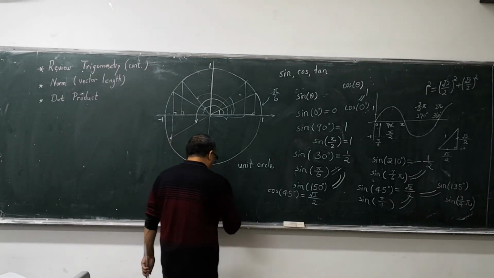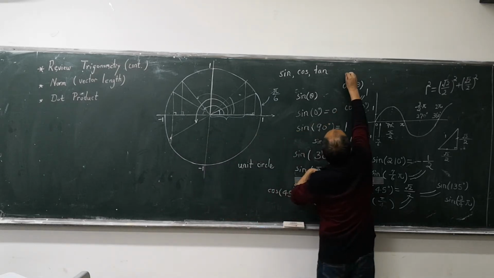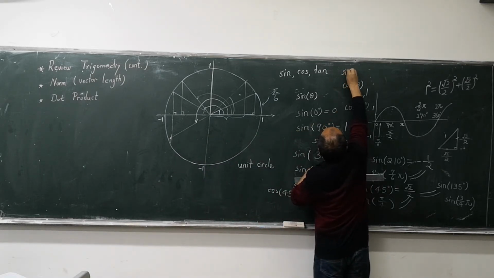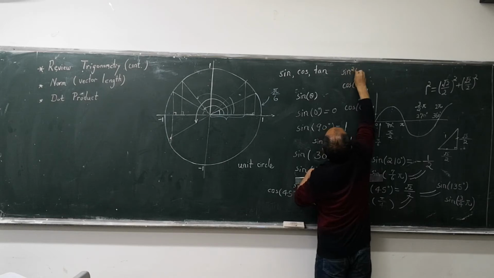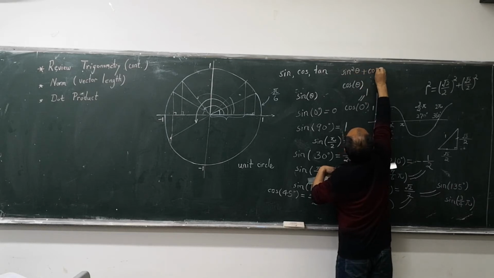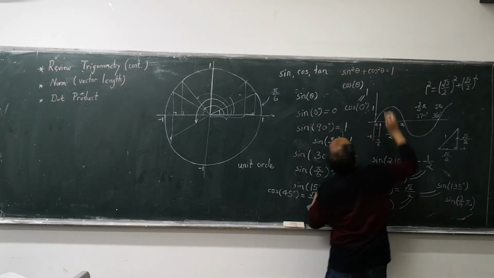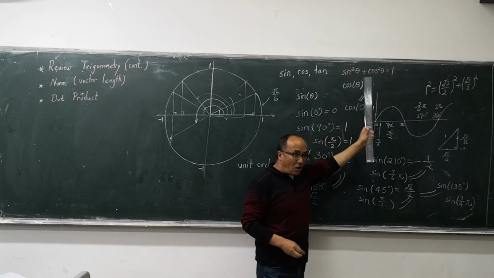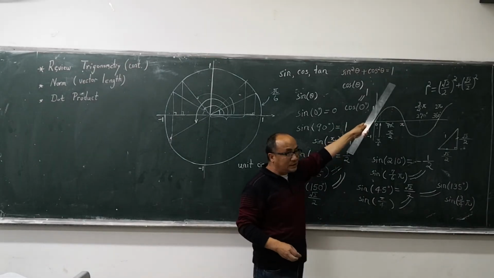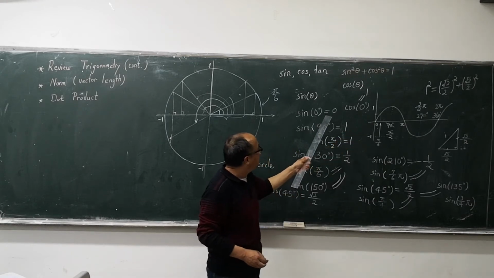And that's a general rule I should put out here. It's always true, no matter what the theta value is: sine squared theta plus cosine squared theta is always 1. This is always true. And here you can verify.